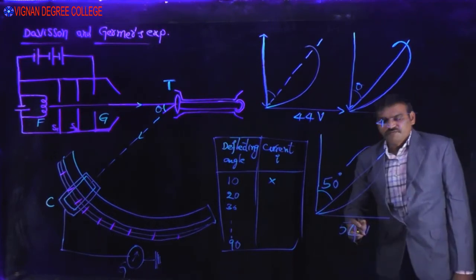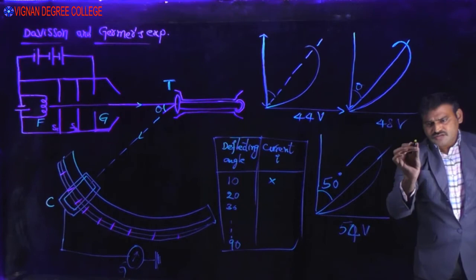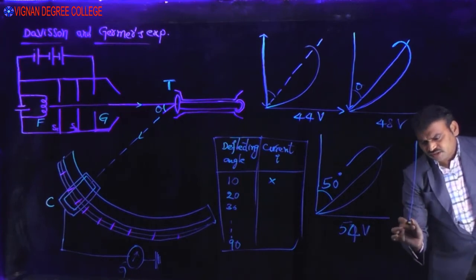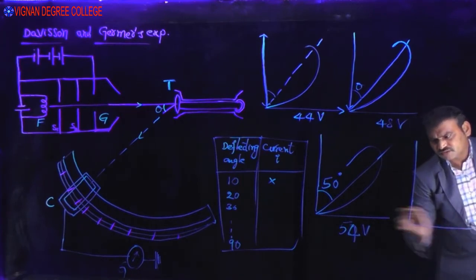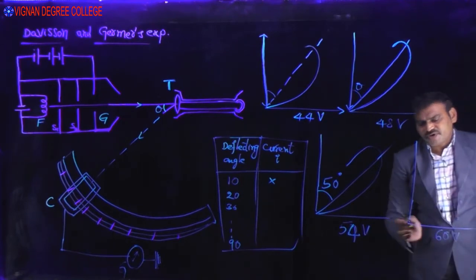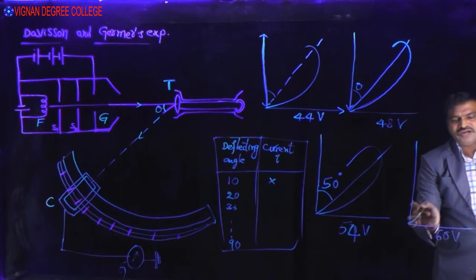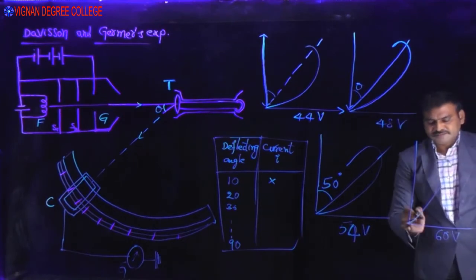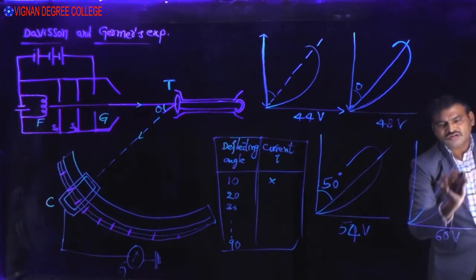At 54 volts and 50 degrees, the graph is like this. And as we increase the potential to 60 volts, the experiment is conducted for different angles, and the graph is drawn like this.